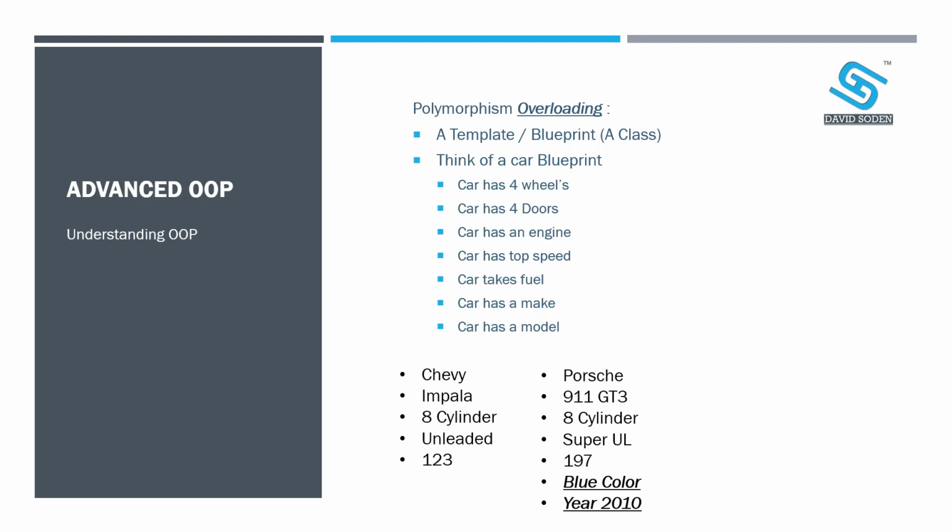If I wanted to keep this as a template as Porsche, I could go ahead and override that. Or what I could do is use this template at the top, and I could just add a car has color, a car has year, right? So now I've overloaded the base template, the original template, and I've created a second template, and now I can take in a color, and I can also take in a year.